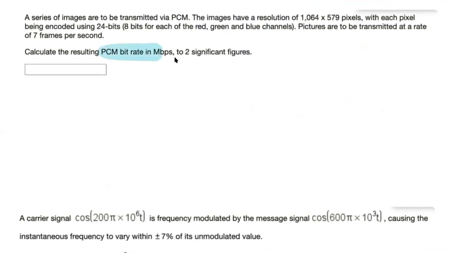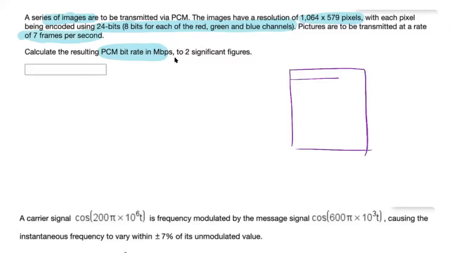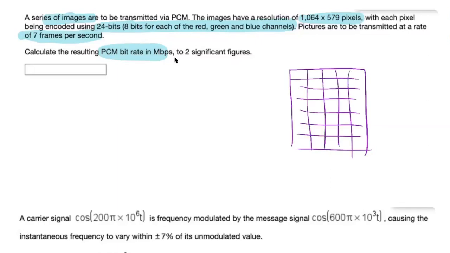Okay, the next question is a pulse code modulation question. This time it's asking about images. We're given the resolution of the image. We're told how many bits per pixel, and we're told how many frames per second. So we have images, which you can think of as being a matrix of numbers. Each of these numbers we call a pixel, and each of these requires 24 bits. And you have a number of frames.